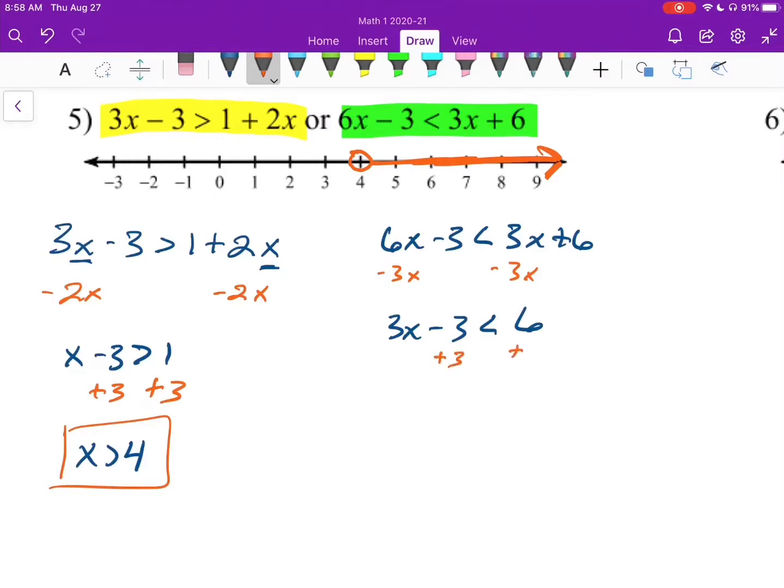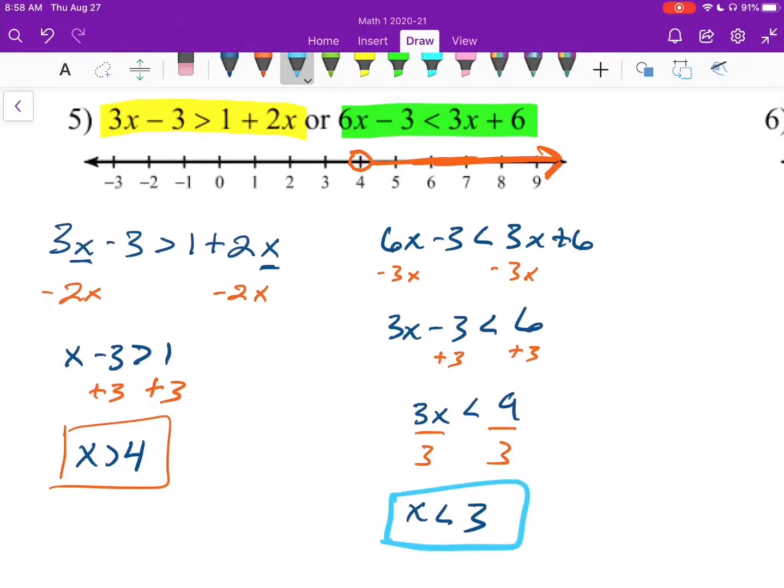I'll add 3 to both sides, and I get 3x is less than 9. Now to finish up, I've got to divide both sides by 3. You get x is less than 3. I'll graph this one in blue. X is less than 3, so I'm going to have an open circle on 3, and it's smaller than 3, so I'm going to be shading over here.